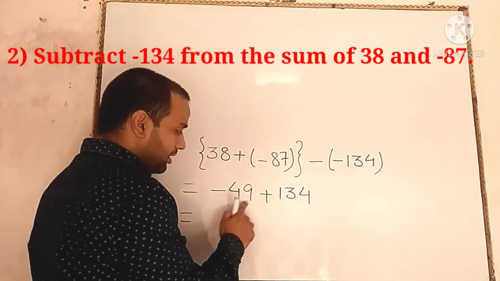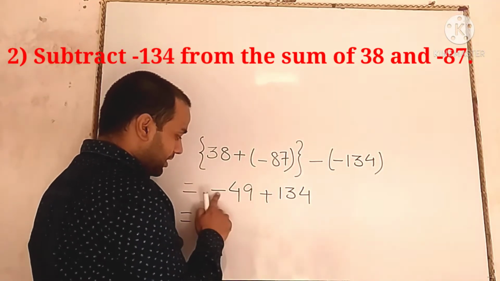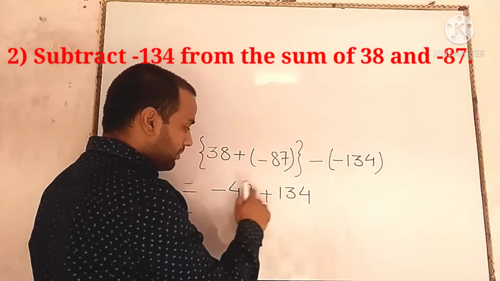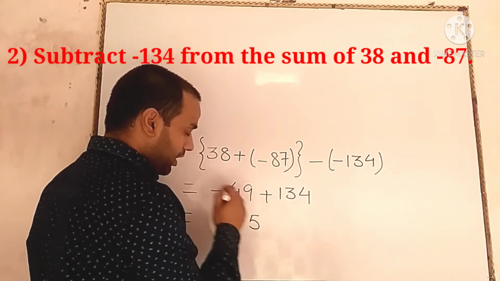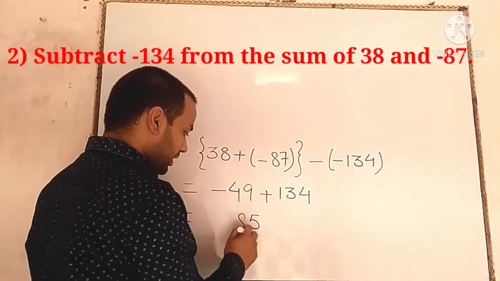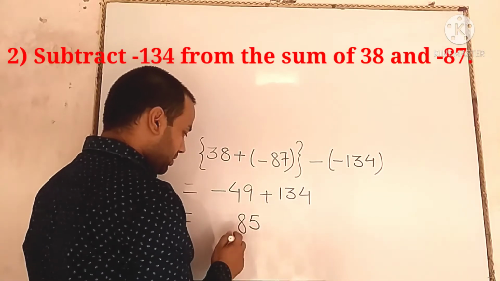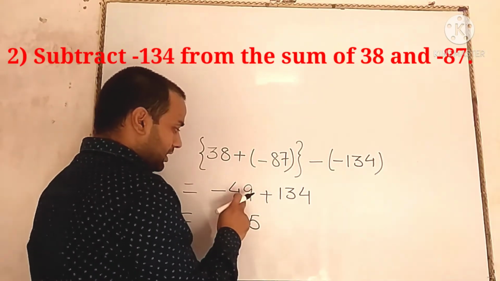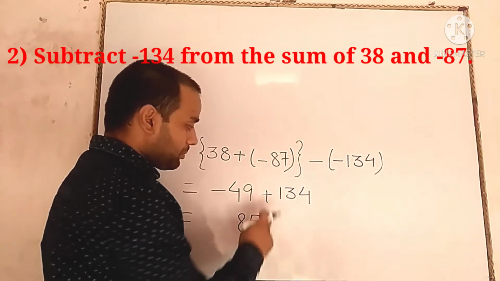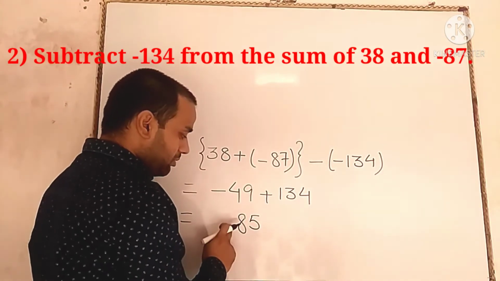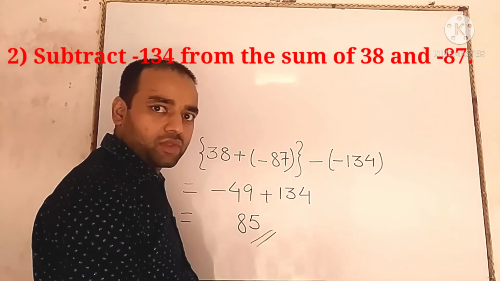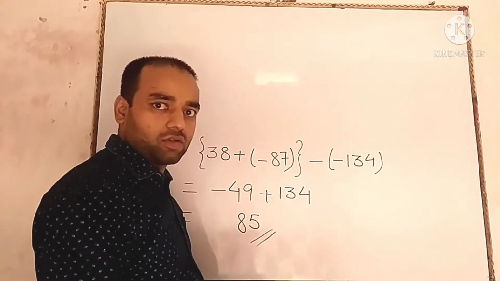Next, these numbers have opposite signs, minus and plus, so we subtract: 14 minus 9 is 5, 12 minus 4 is 8, and here 0. In these two numbers, the greater number is 134 with positive sign, so the answer will be positive. This is your required answer. Is it clear? Now let us discuss the next question.